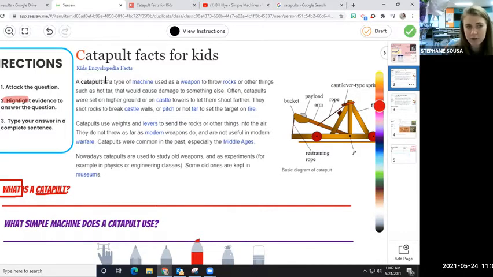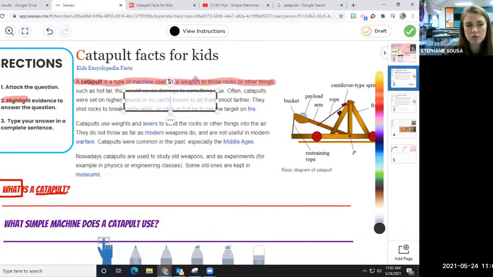A catapult is a, ooh, this sounds important, type of machine used as a weapon to throw rocks or other things. Okay, there we go. We got our answer. A catapult is a type of machine used as a weapon to throw rocks or other things.